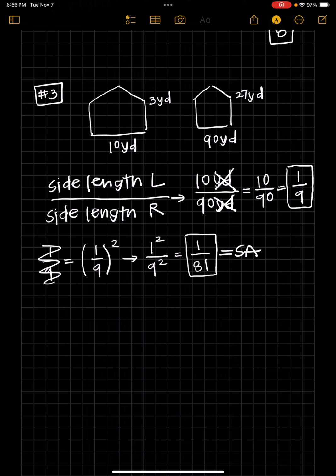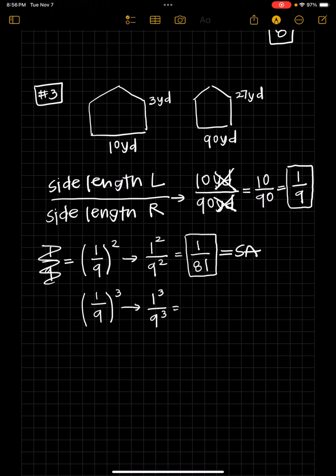Okay, and then we're going to do something really similar to find the volumes. Volume units are cubed, so I'm going to take my side length ratio, and instead of squaring it, I'm going to cube it to get to volumes, which would give me 1 cubed over 9 cubed.